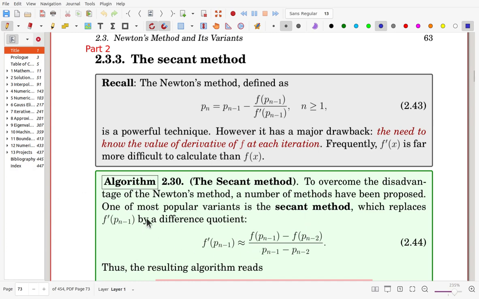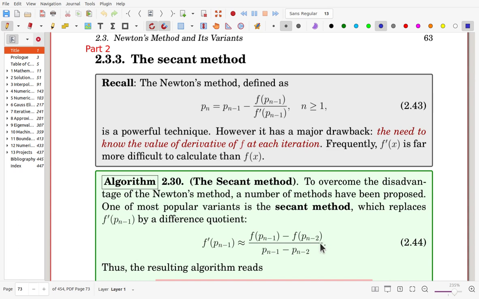One of the most popular variants is the secant method, in which the derivative is replaced by a difference quotient, which is formulated from the last two approximations.